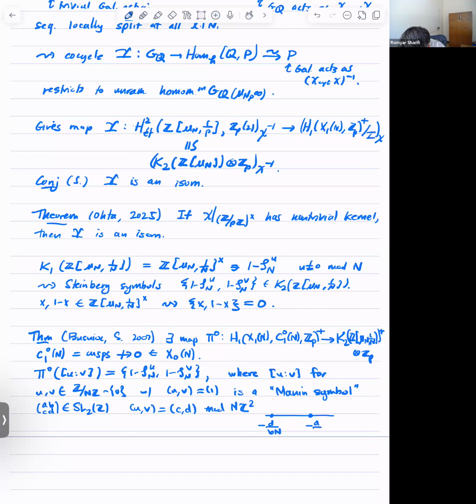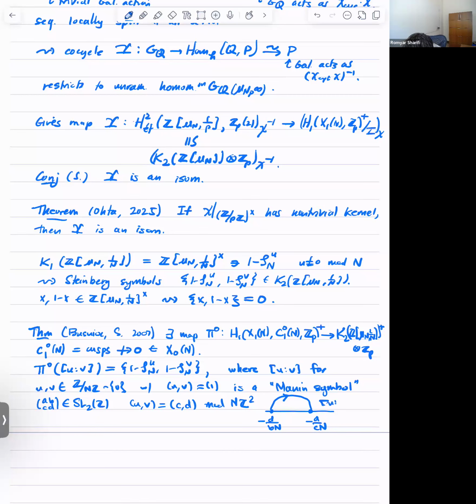There's a reason for this, minus a over cn. I hope I wrote it in the right order, but it doesn't really matter. Right. So this gives you some homology class in homology relative to these cusps. So this is (u, v). And of course, if it goes to infinity, you draw a straight line to infinity.